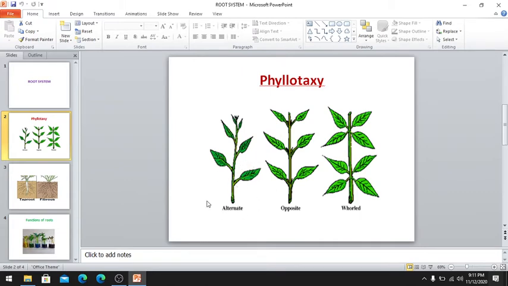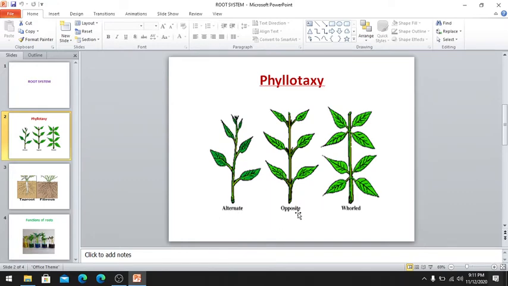An example is the hibiscus plant. Go near the hibiscus plant, observe how the leaves are arranged on the stem, and try to understand the meaning of alternate phyllotaxy clearly.